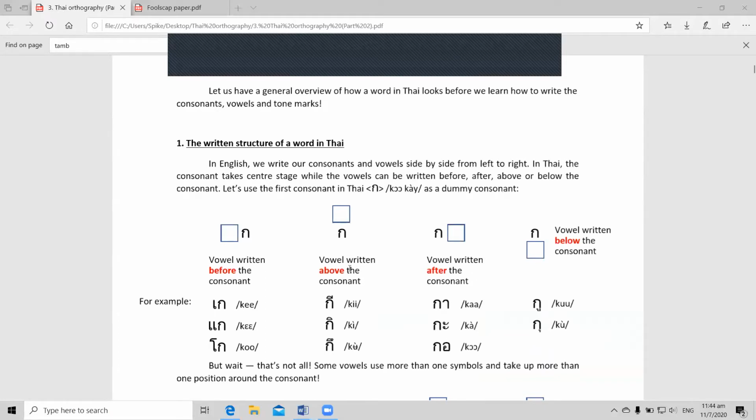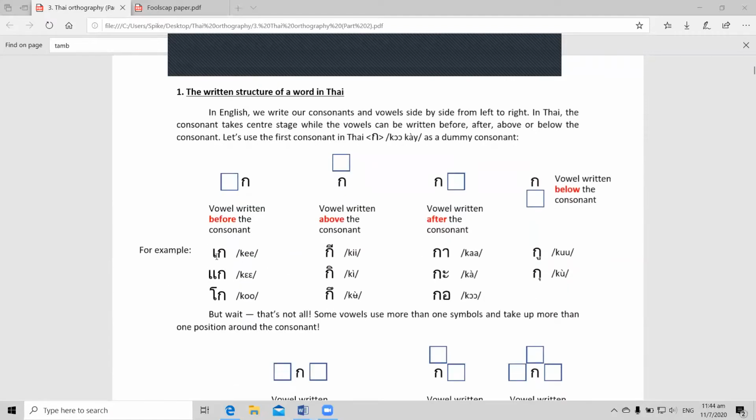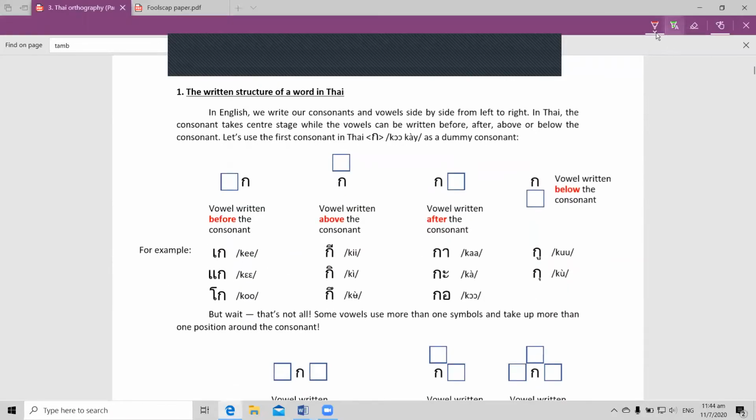the consonant. Okay, so for example, if we have this consonant over here, ko kai, as the dummy consonant, and we add vowels to it, what do we have? If you add this symbol here, this is the vowel A. So ko A gives you ka.